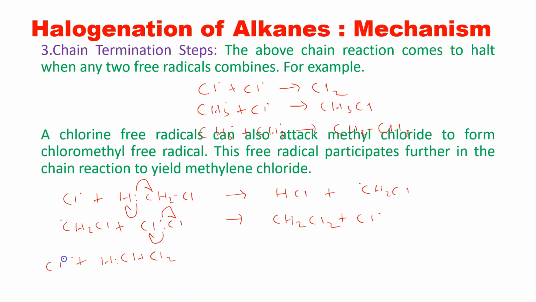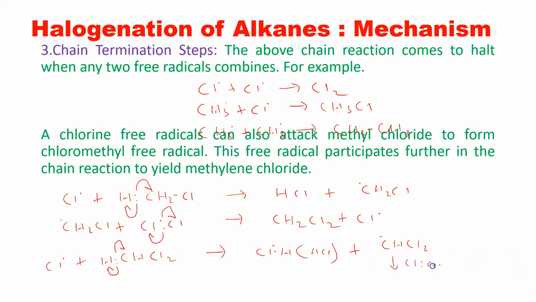Again the chlorine free radical will remove a hydrogen, and further it will again form a radical of dichloromethane, or it is HCl, I will write in bracket HCl, and it will form a CHCl2 radical. As it is a homolytic cleavage, it will continue.